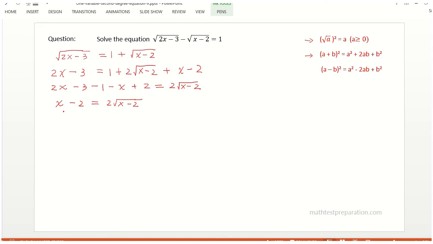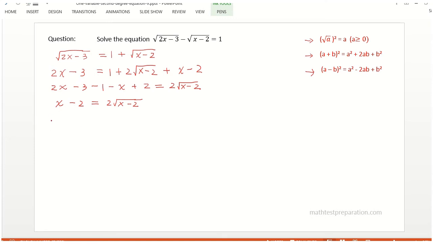Now we square both sides of the equation to remove the square root. Square left side of the equation, we apply this formula. Square of a subtract b equals to a square subtract 2ab plus b square.